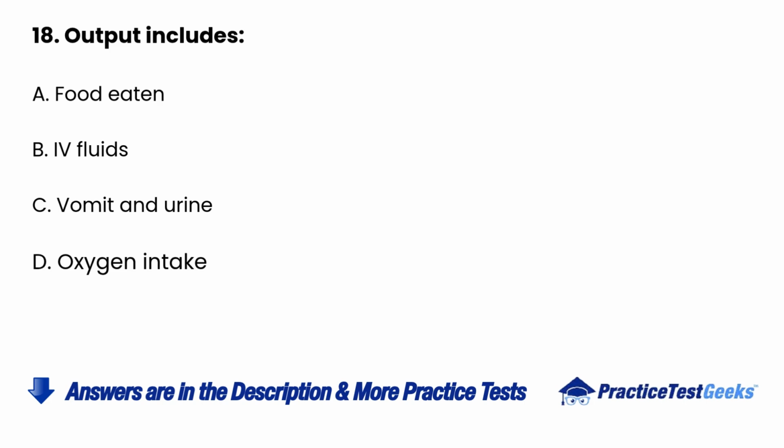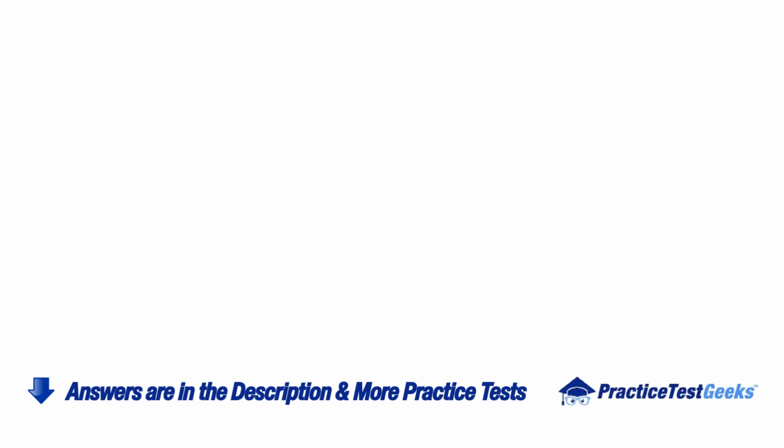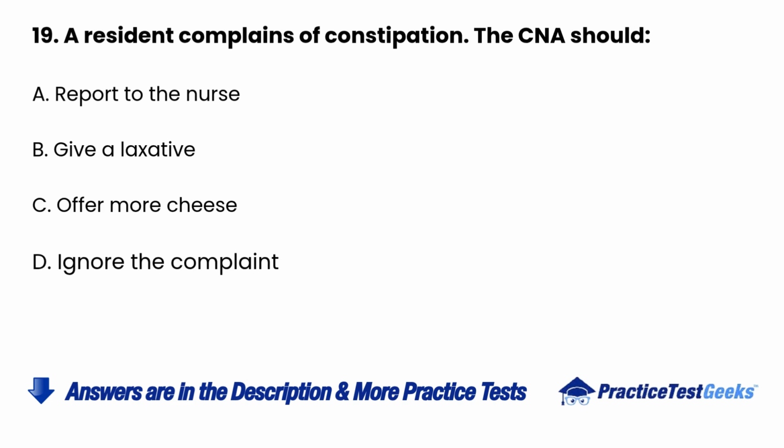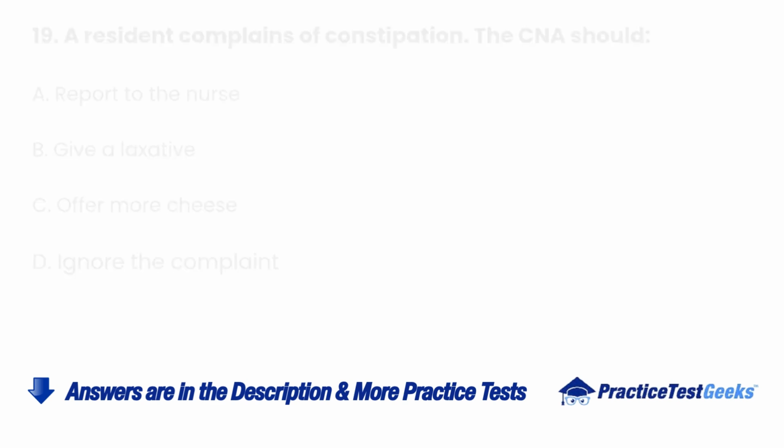B. Fluids. C. Vomit and urine. D. Oxygen intake. 19. A resident complains of constipation. The CNA should A. Report to the nurse. B. Give a laxative. C. Offer more cheese. D. Ignore the complaint.